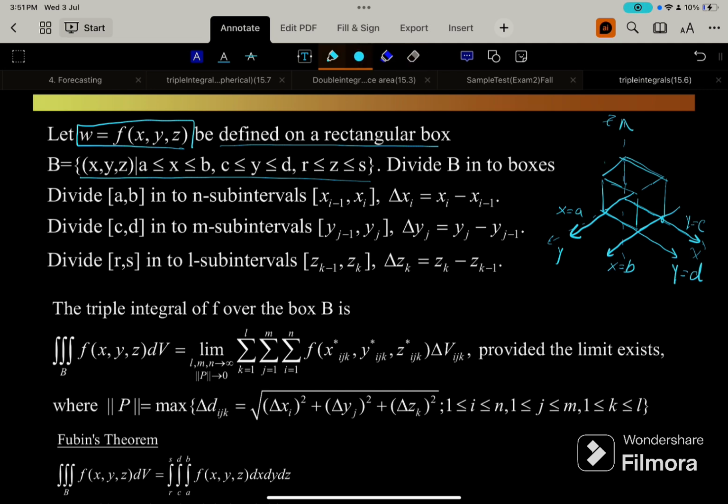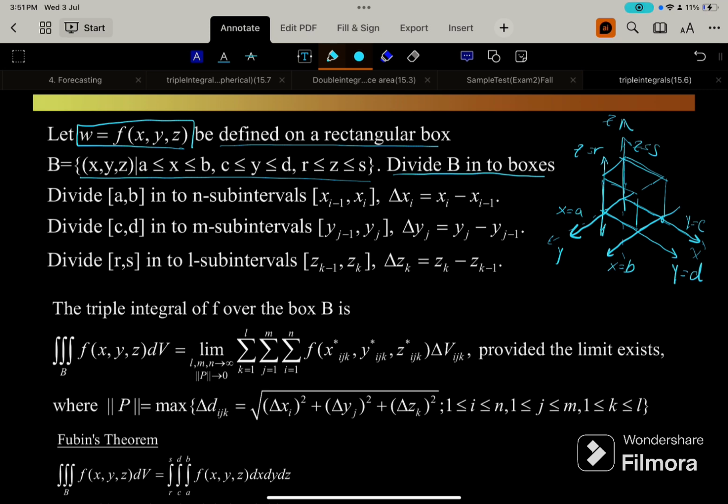So we're gonna have z equal to r and z equal to s. And so these are the boundaries of this rectangle. Now it's bounded in the z, bounded in the x and bounded in the y. So it's a box.